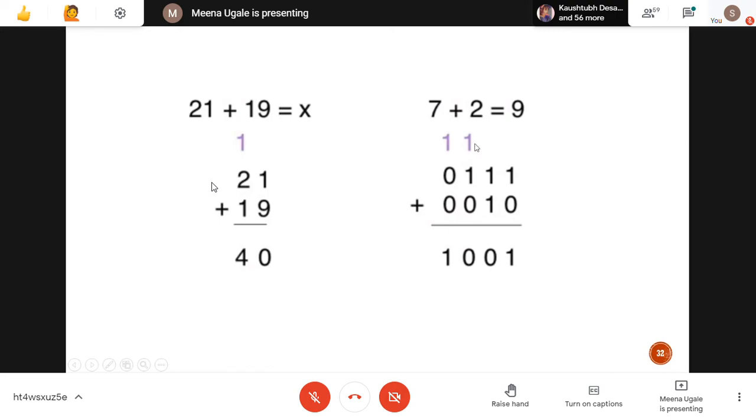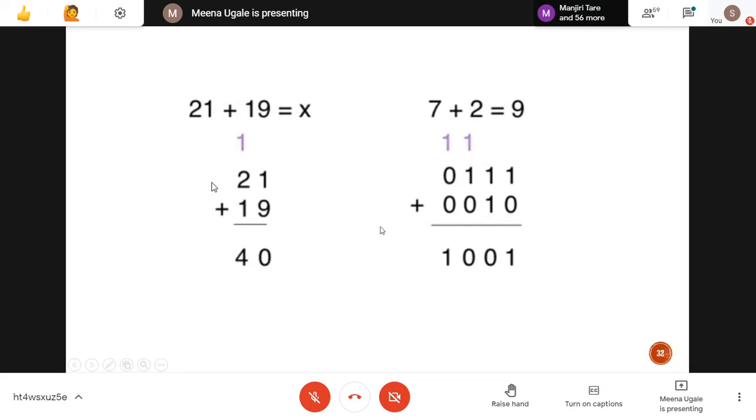This carry you can see written here in a different color. Now it is 1 plus 1 plus 0, so 1 plus 1 will be 0 and the carry is 1. And now 1 plus 0 will be 1. So the final answer for 7 plus 2 will be this.